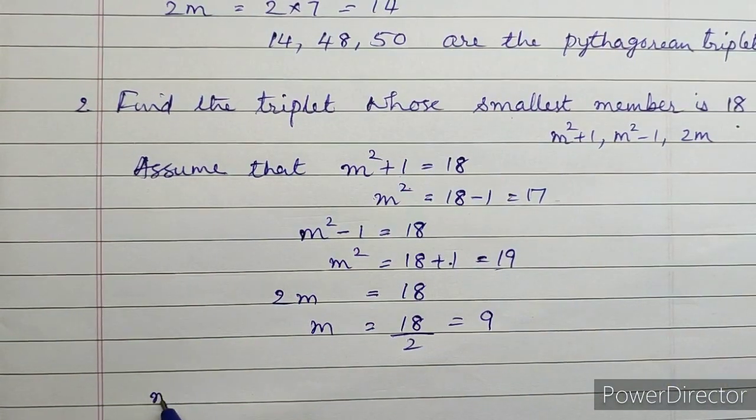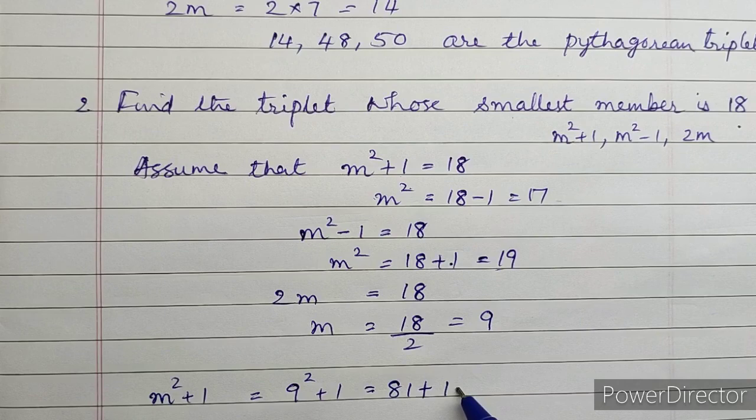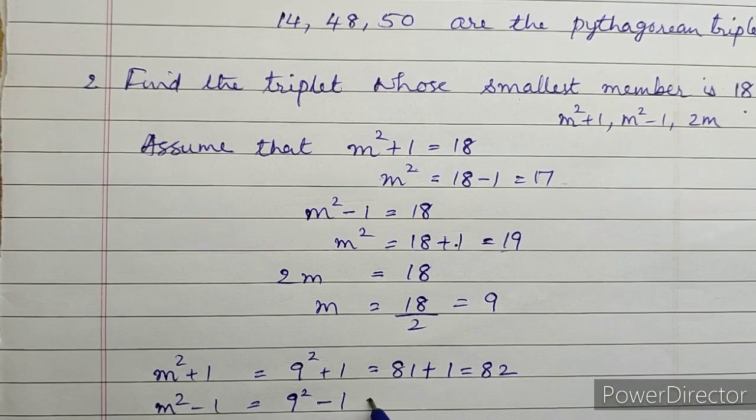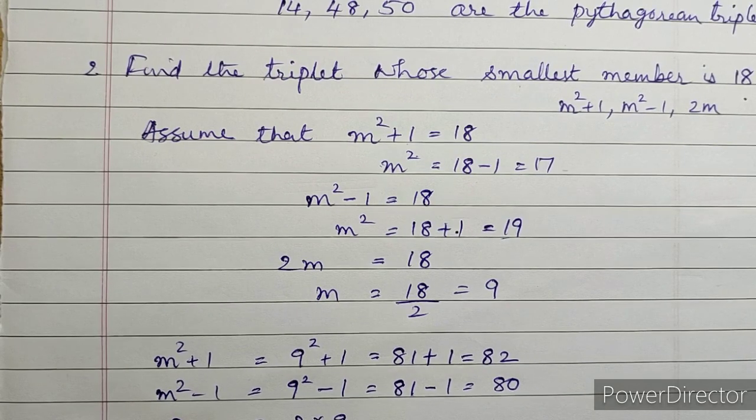Then m square plus 1 is equal to 9 square plus 1, or 81 plus 1, it is 82. And m square minus 1 is 9 square minus 1, 81 minus 1, it is 80. Next one, 2m is equal to 2 into 9, which is 18.